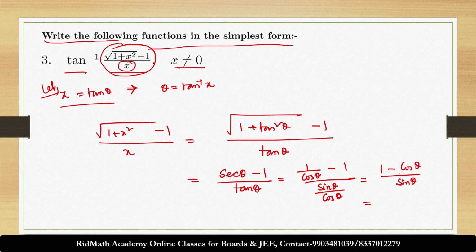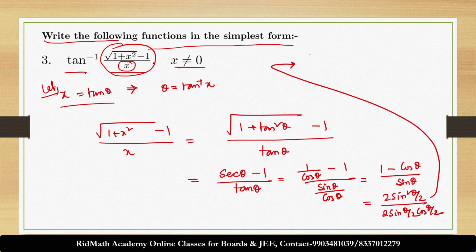So 1 minus cos theta is 2 sin square theta by 2 and sin theta is 2 sin theta by 2 cos theta by 2. So sin theta by 2 gets cancelled out, and the 2 cancels out, that means sin theta by 2 divided by cos theta by 2, that means tan theta by 2. Okay.